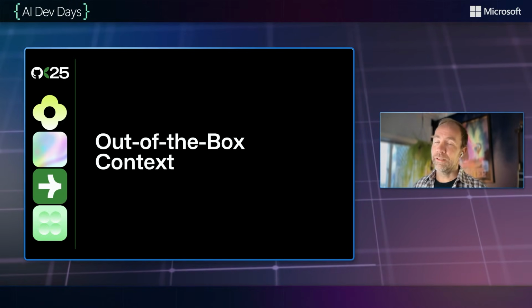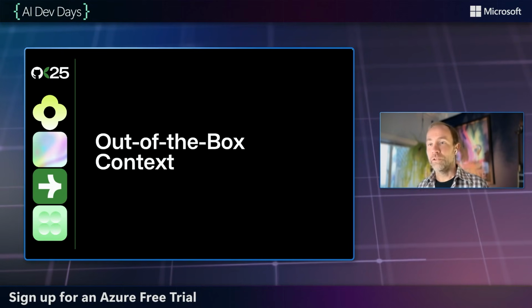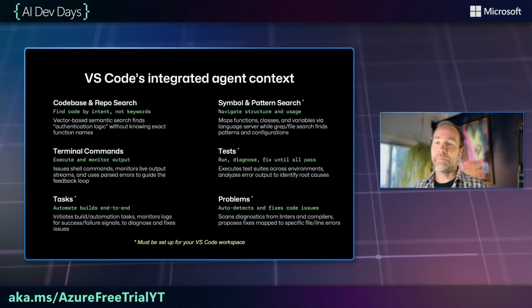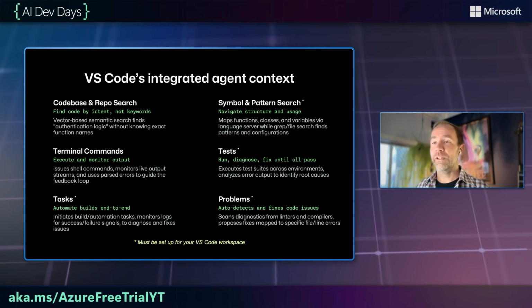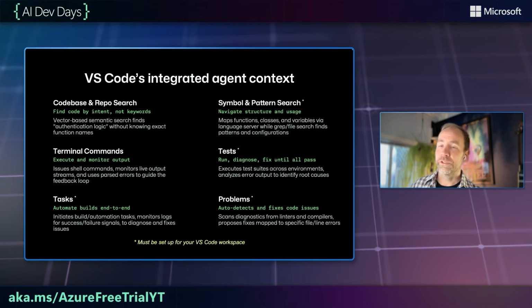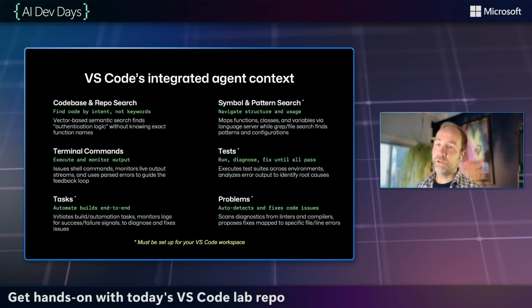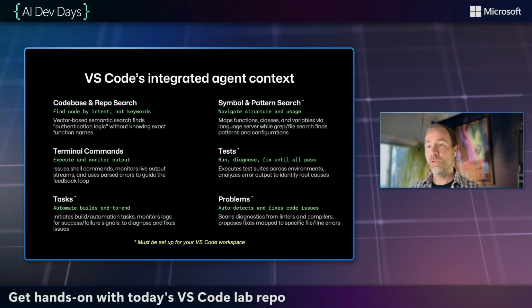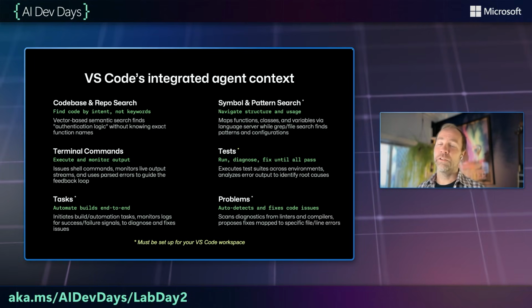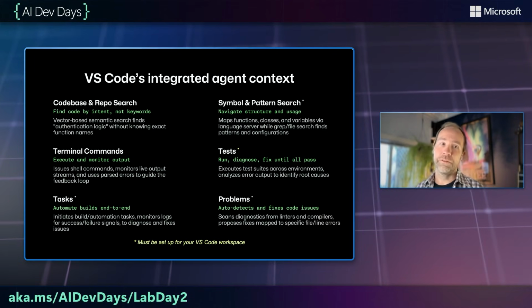And all the other things that make it nicer. And the powerful thing is that a lot of these things are integrated into VS Code. So a lot of the things that make VS Code better in a workspace, better for you to work in, also make it better for the agent as well.